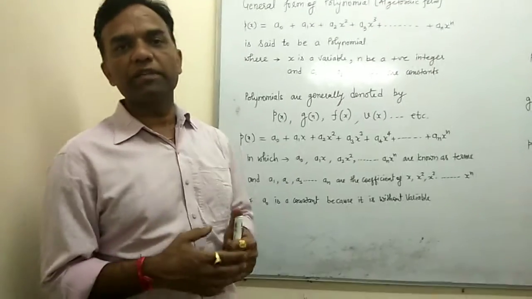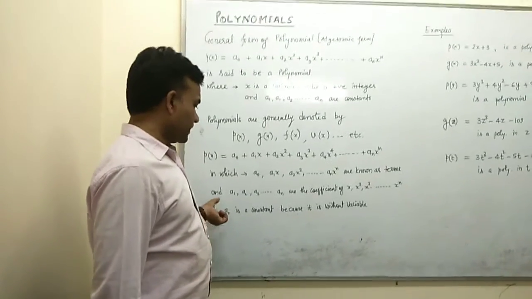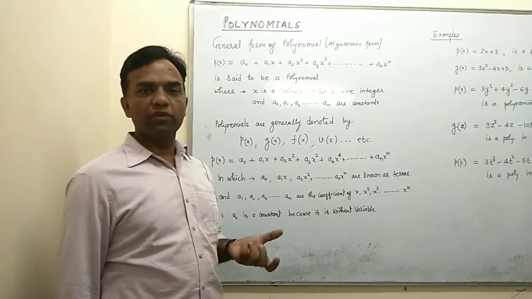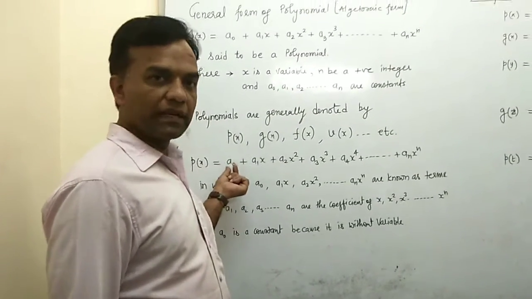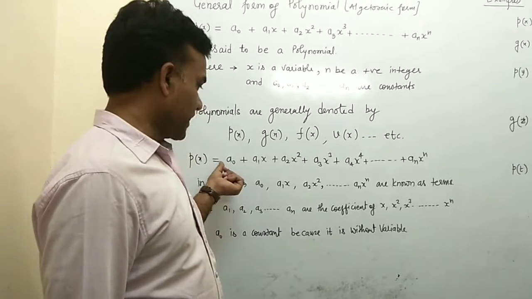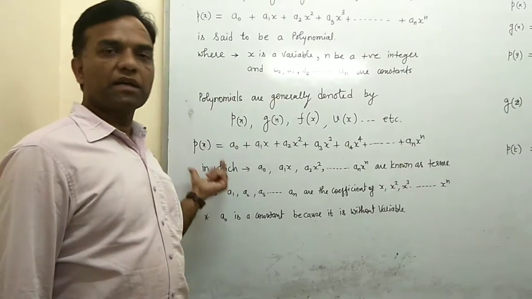The coefficient is very important here. And a0 is only a constant term, because it is without a variable. If only p of x equals a0 is given, then it is a constant.